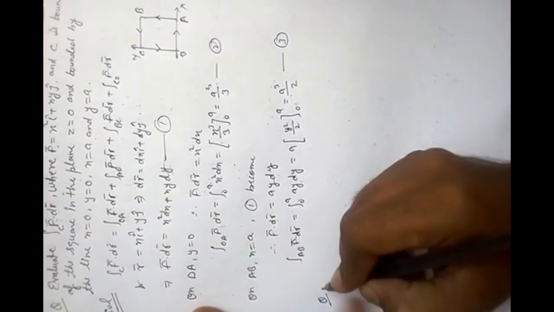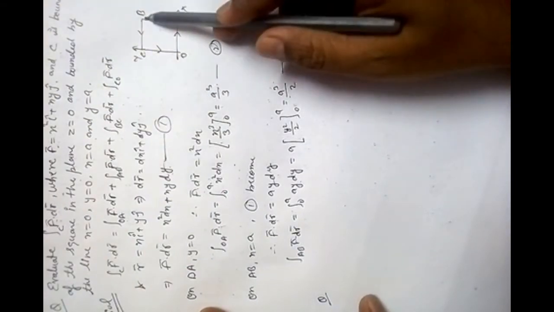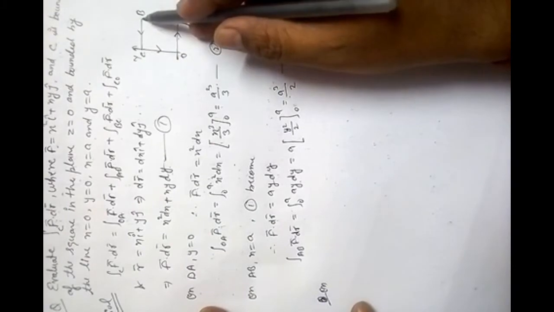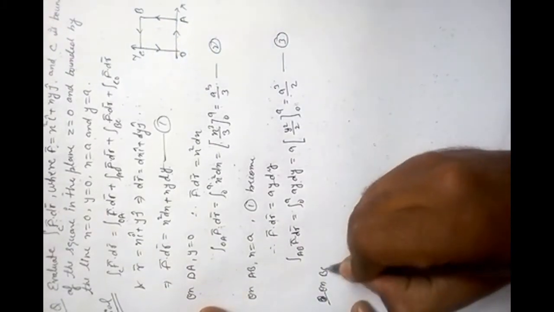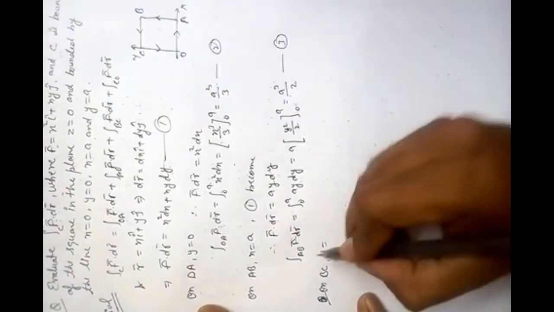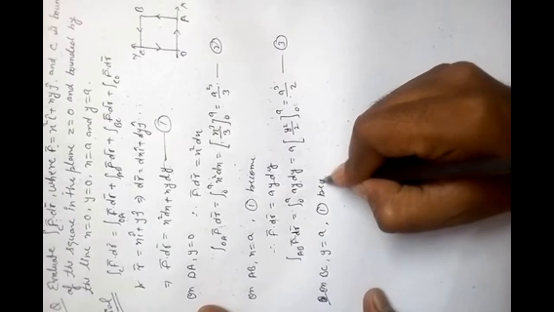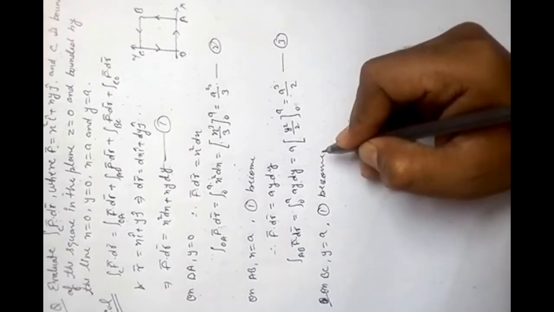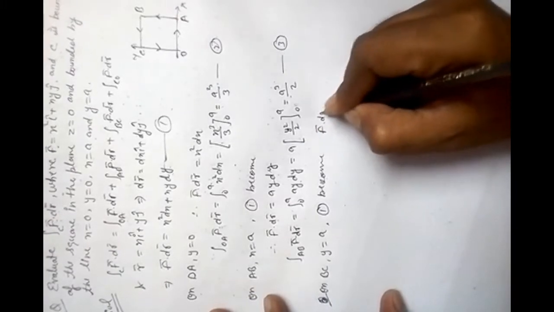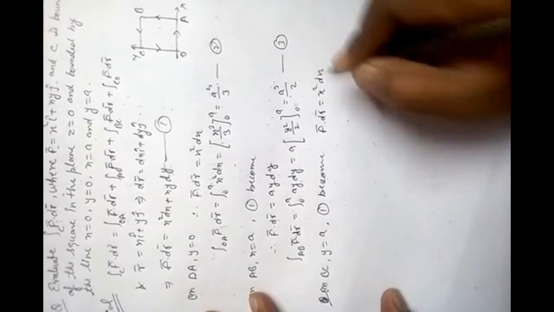Okay, now on BC, and here y is equal to a, then equation 1 becomes f dot dr is equal to x square dx.